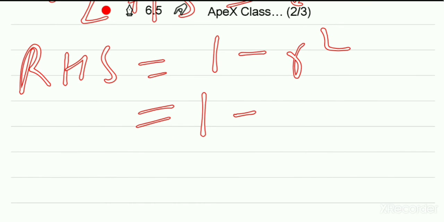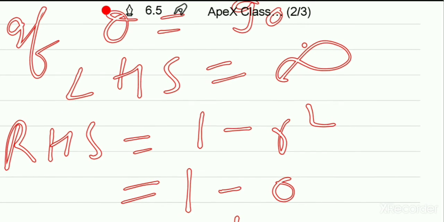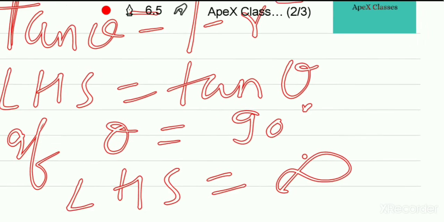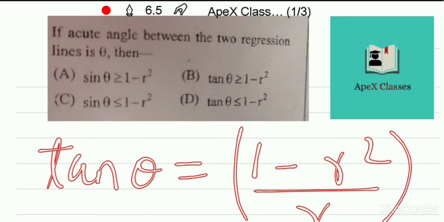So RHS is equal to 1 minus 0, that means 1. As you see, LHS is infinite but RHS is 1, which means this relation is not true, this is false.